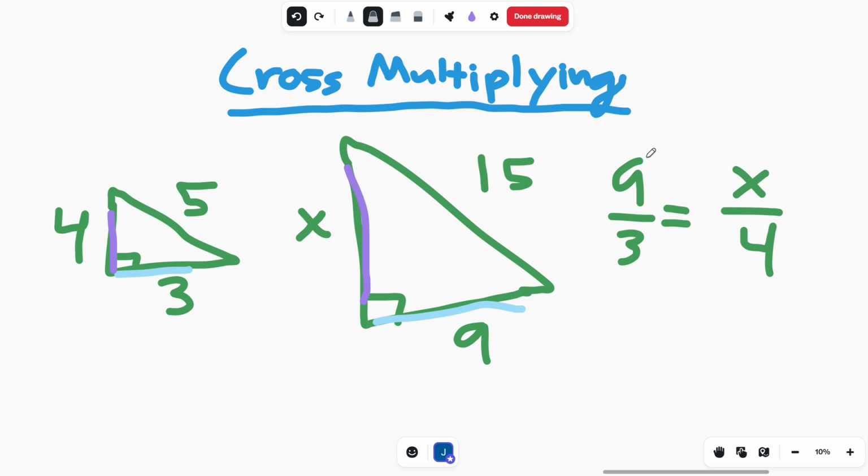So now that we have our setup, 9 over 3 is equal to x over 4, we would cross multiply. So we would do 9 times 4 and 3 times x. This dot, if you didn't know, just means multiplication, and that would give us 36.